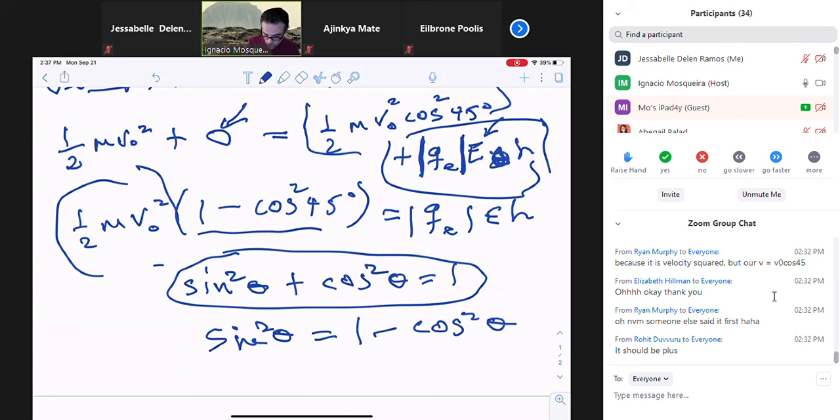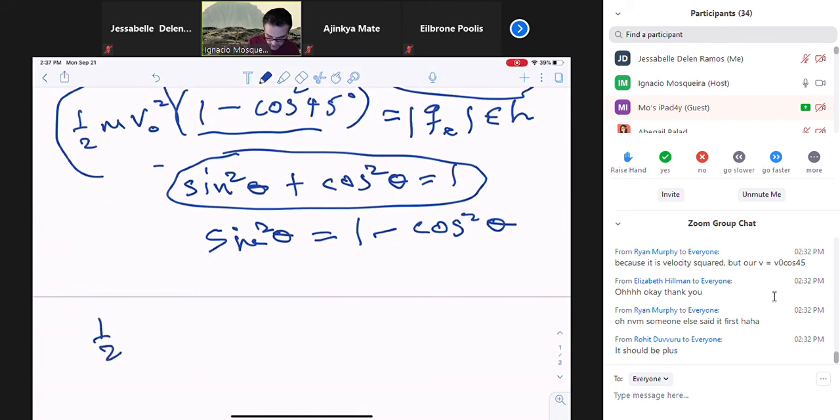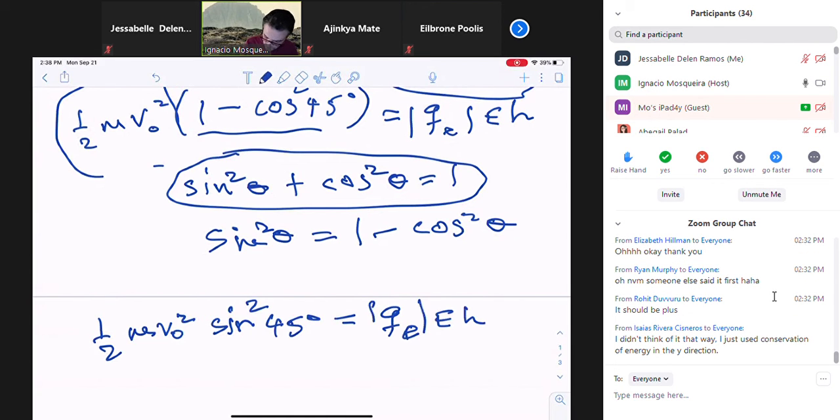So therefore, 1 minus cosine squared of 45 degrees, I can just write 1/2 m v0 squared sine squared of 45 equals QE E H. Again, don't worry about the sign, otherwise it doesn't make it. The thing on the left is positive. You can't make the thing on the right negative. That doesn't make any sense.